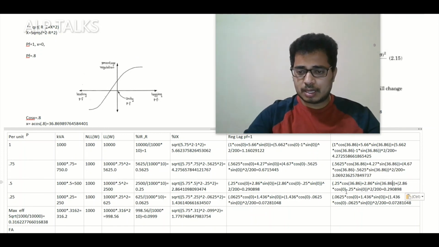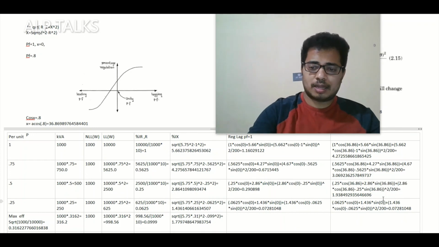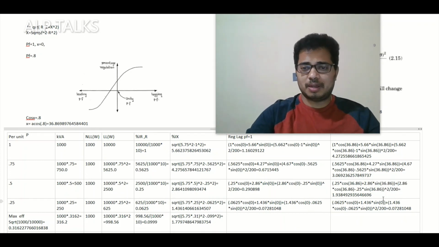So similarly we are going to replace here 0 with this angle, whatever angle we calculated. So here also we are going to get 1.93%. Whenever we have a worse power factor, I mean other than unity, then regulation also increases, and we won't get proper voltage values at the terminals.